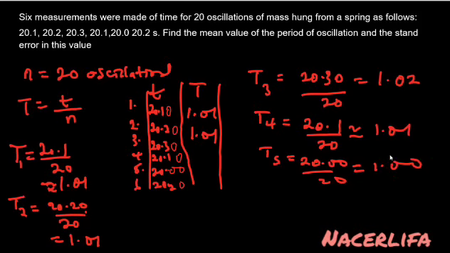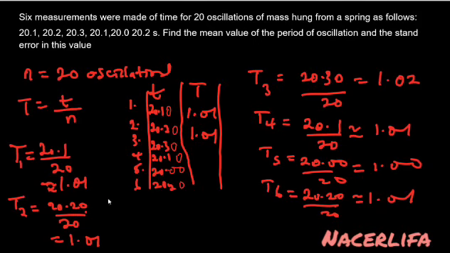Then T6 will be 20.20 divided by 20, which is approximately 1.01. So we have found the period for each of these.